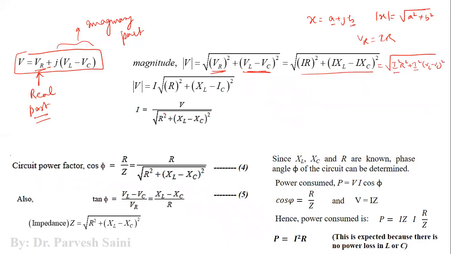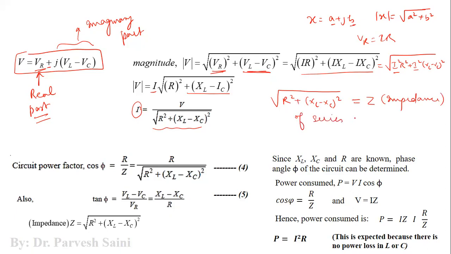This I squared will be taken as common. So we have I times the square root of this, because the current is the common parameter. Now this particular factor, the square root of R squared plus (XL minus XC) squared, is the impedance of this series RLC AC circuit.